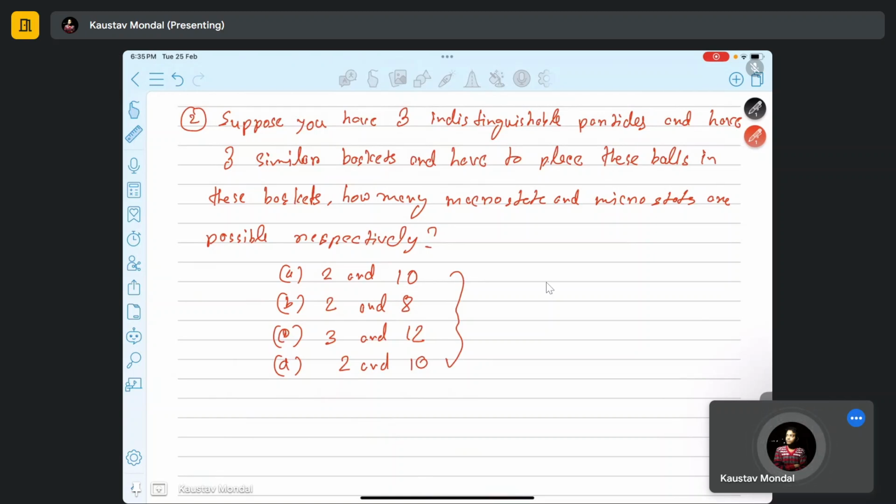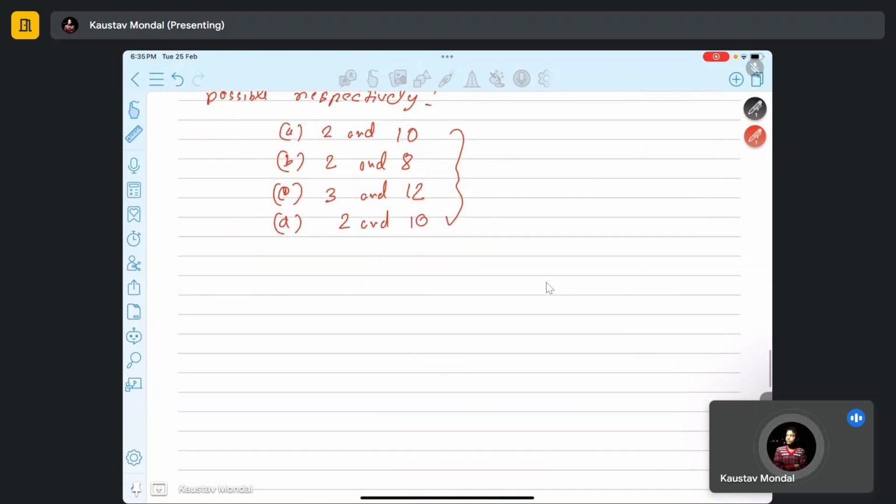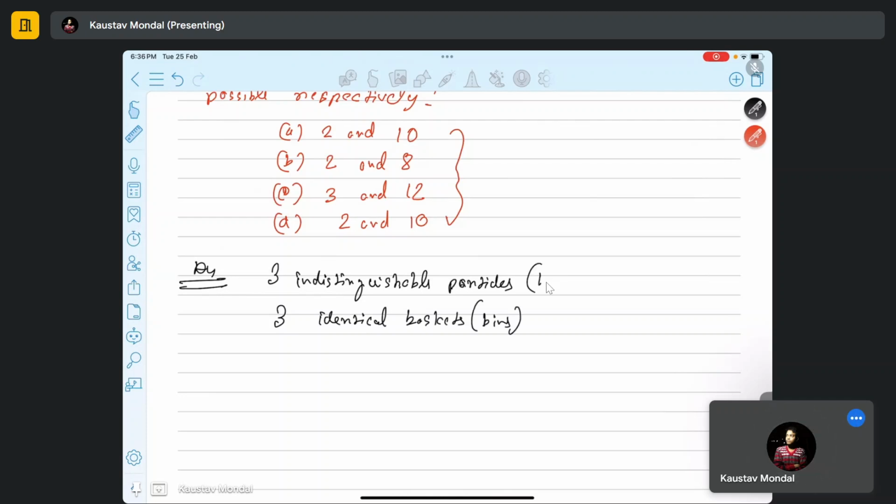So let me write the useful information. Given here are three indistinguishable particles and three identical baskets, balls.